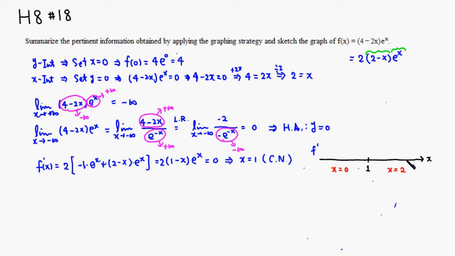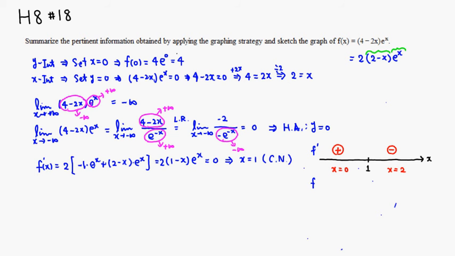If you plug in 0 into the function, 1 minus 0 is positive and e to the x is positive, so we have a positive sign here. If you plug in 2, 1 minus 2 is negative, and everything else is positive, so you're going to have a negative here.